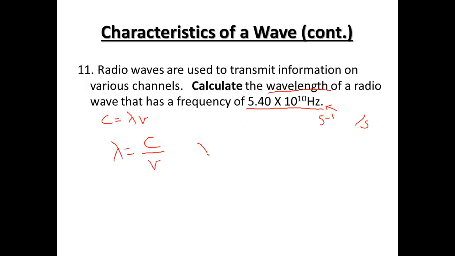So as we solve, the speed of light is 3.0 times 10 to the 8th meters per second, divided by 5.4 times 10 to the 10th hertz, or I'll write it as per seconds.